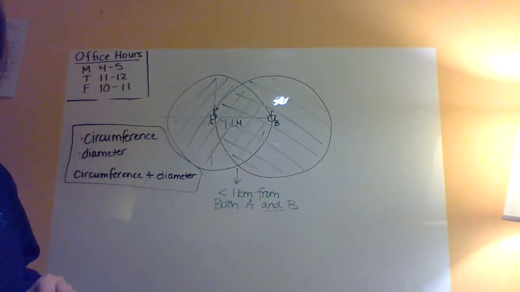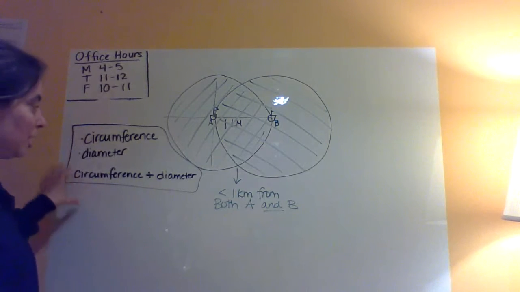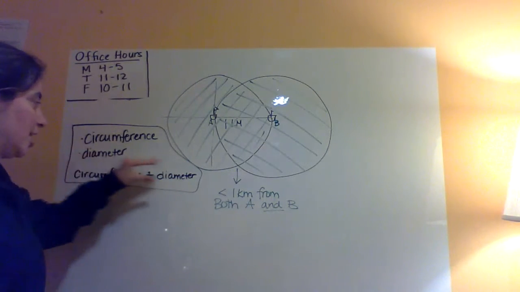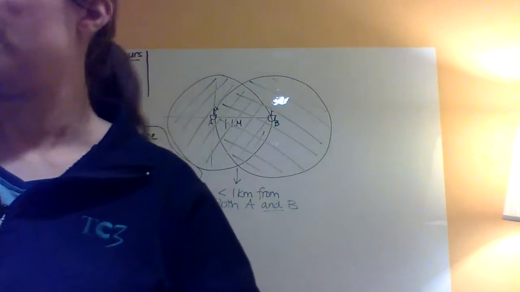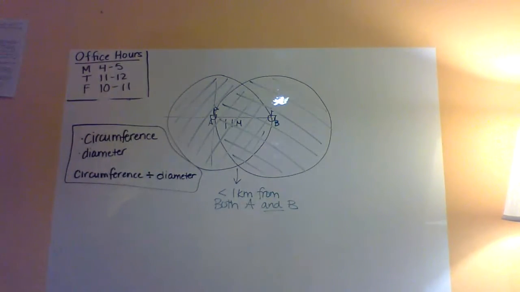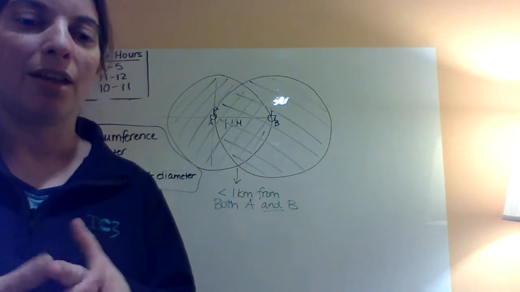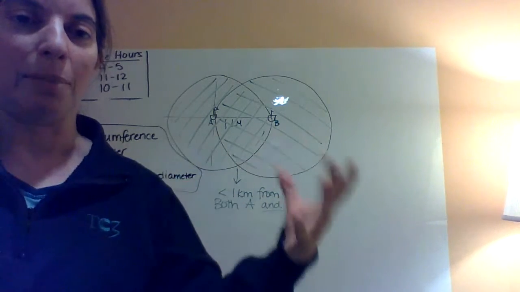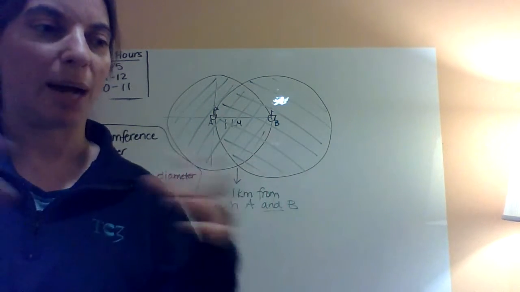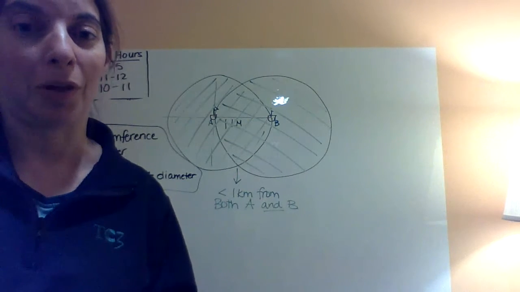If you're really, really precise with your measurement, you might get an answer here that helps you figure out why I asked you to do this. And you might even want to try it a couple times with different things, okay? That's kind of the ideal. That's what we would do in class, is do it a few different times with a smaller object and a bigger object, just all different shaped circles, okay?